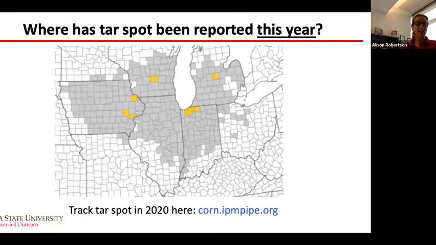In 2020, the disease is already being reported in Iowa, Wisconsin, Indiana, and Michigan. I almost said Ohio. This map was updated 1.5 hours ago, so it's a really good place to go to see where TarSpot is being reported. I have the website down there at the bottom for you, and on the final slide there'll also be a link if you didn't get that here.